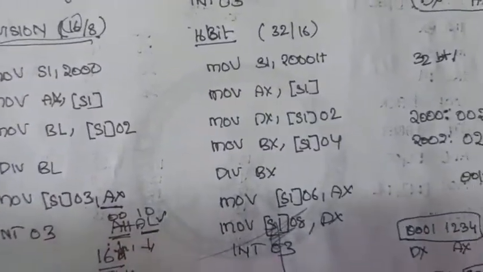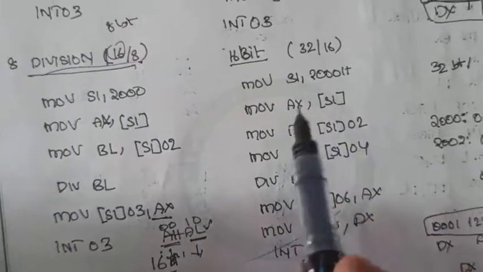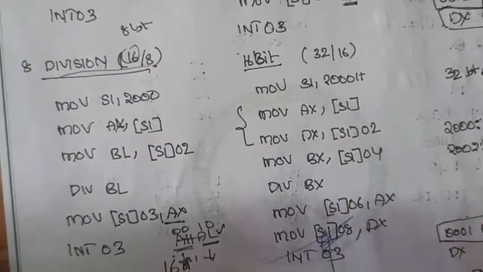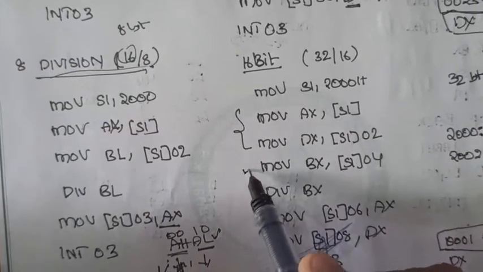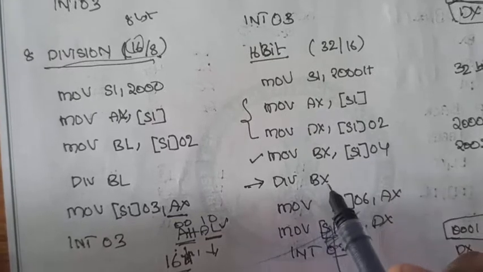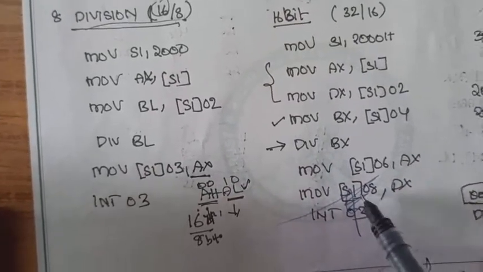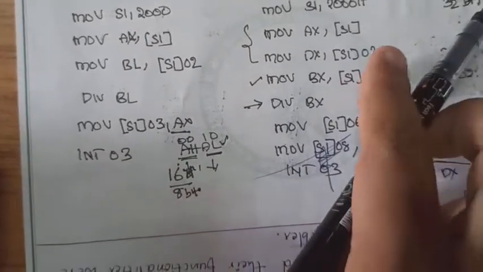These two instructions give the 32-bit input and one more 16-bit input, and we perform division of the 32-bit by the 16-bit. We move the result into SI plus 6, and DX into SI plus 8.